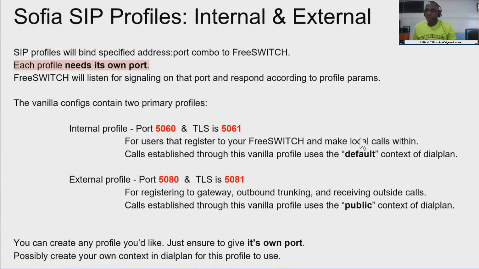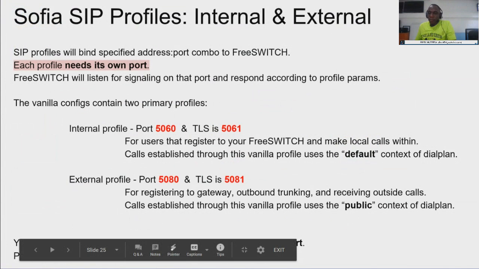Let's get a few details here. A SIP profile will bind a specified address and port combo to FreeSWITCH. Each profile needs its own port. That's number 1. That's why we have 2 ports, because we have 2 profiles, the internal and the external. FreeSWITCH will listen for signaling on that port and respond according to the profile parameters. Of course, the vanilla configs have these ports, and it's important to remember that these ports can be changed.